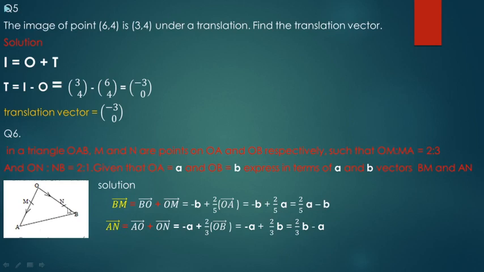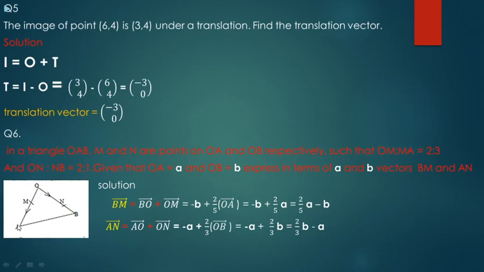Now AN. I want to find AN. To move from A to N, if I go the other route, I'm required to find AB first. So I leave it because I don't want to stress myself.